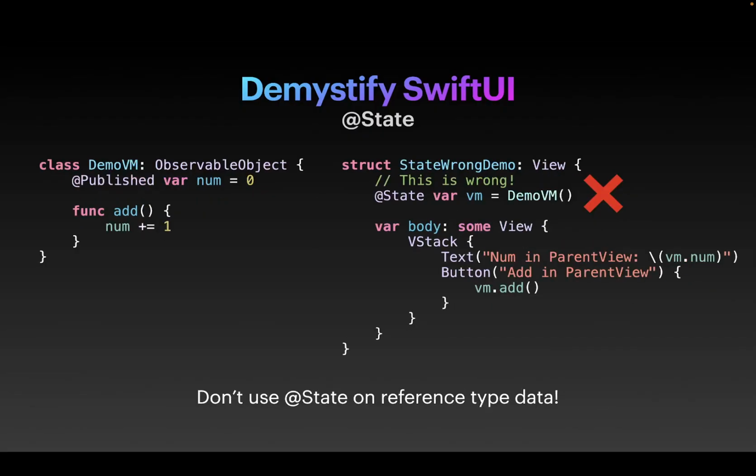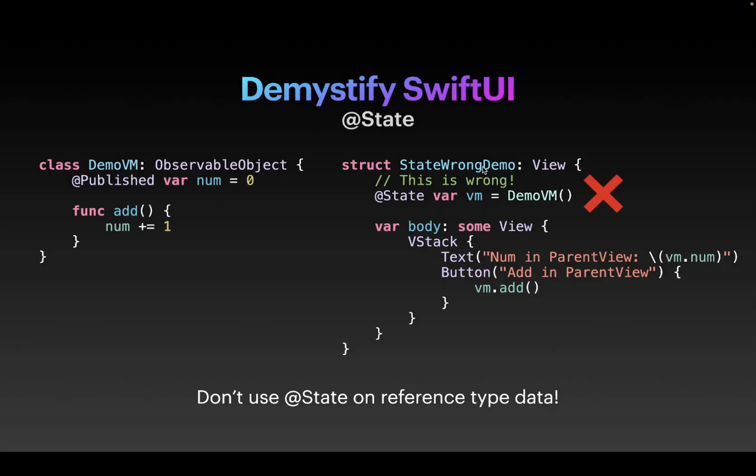Now let's take a look at what I mean by don't use @State on reference type data. First, take a look at the one on the right. We have an ObservableObject, and it's quite simple. You just have a variable named num, marked as @Published, and a function add, which essentially just adds one to the number, incrementing it.